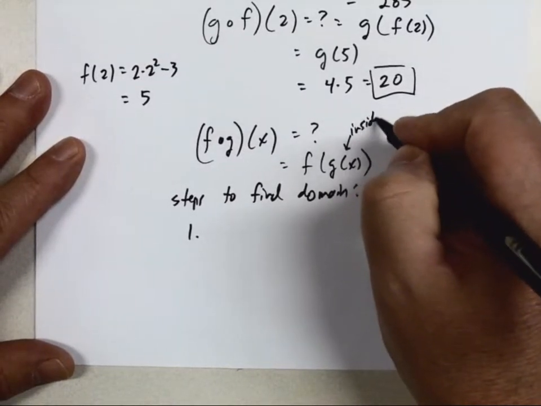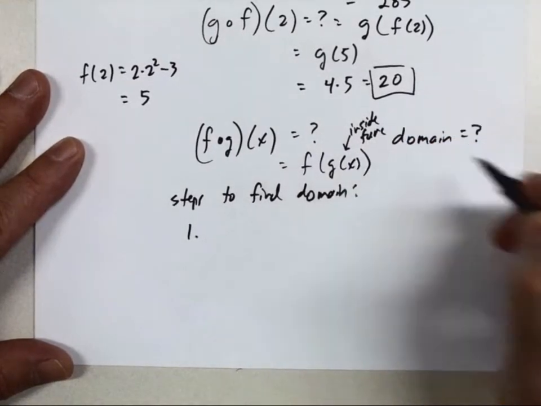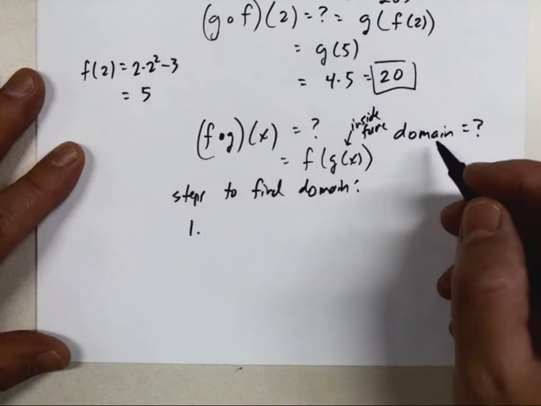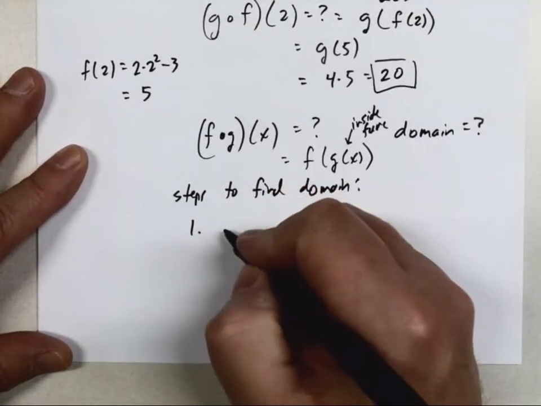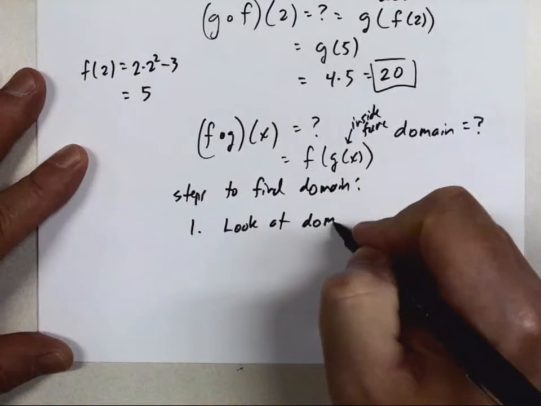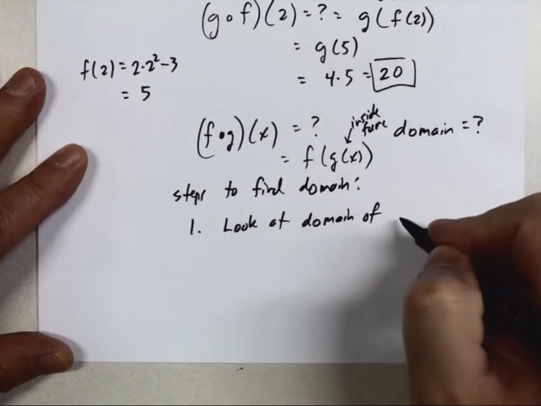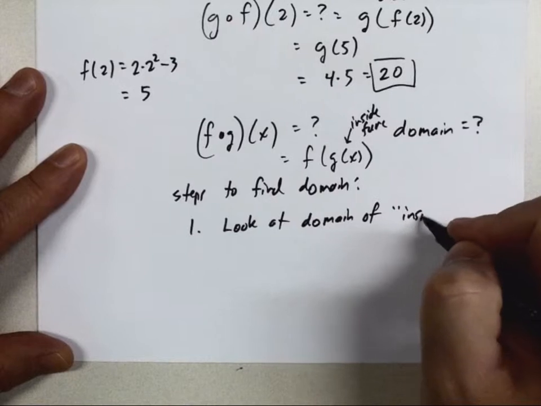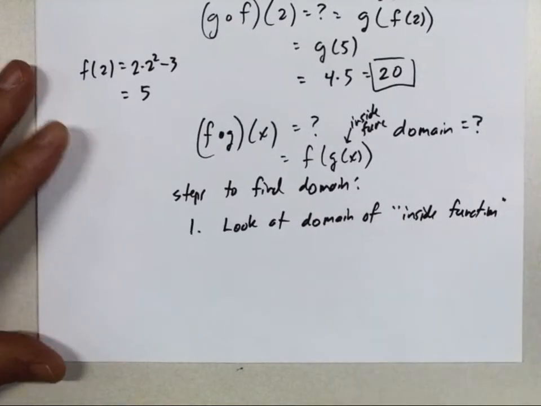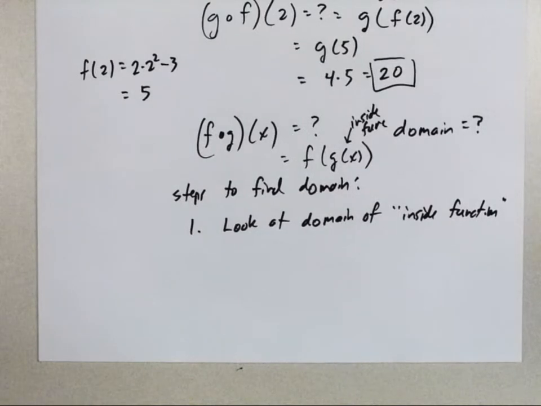Remember a few minutes ago I said, in this case, G of x is called the inside function. If you're asked to find the domain, you first go look at the inside function just by itself and determine that domain.